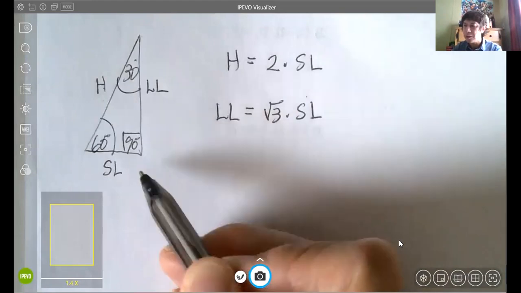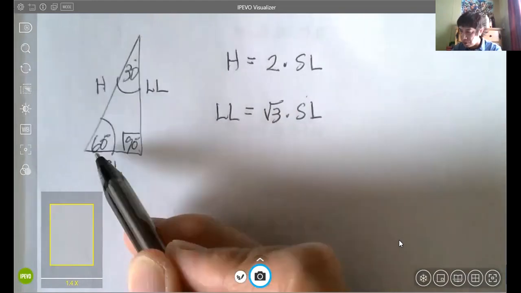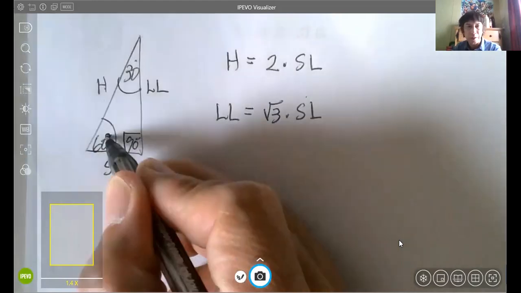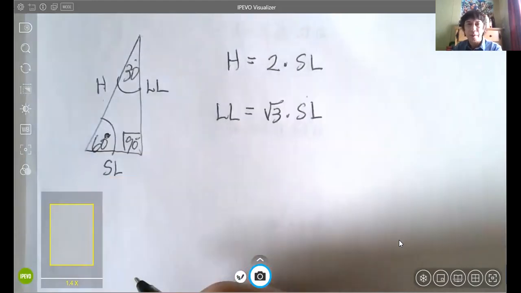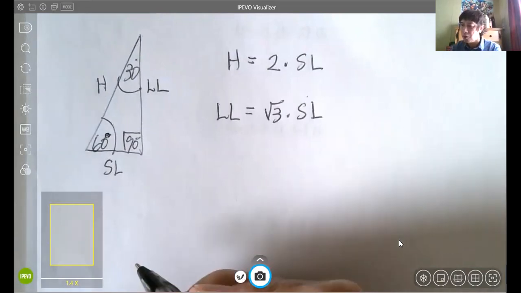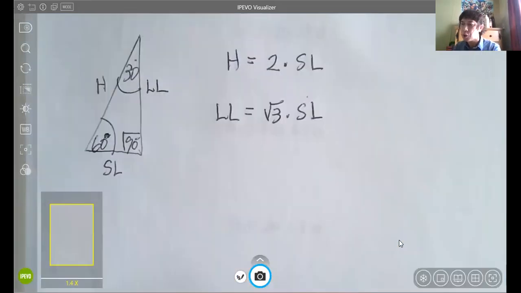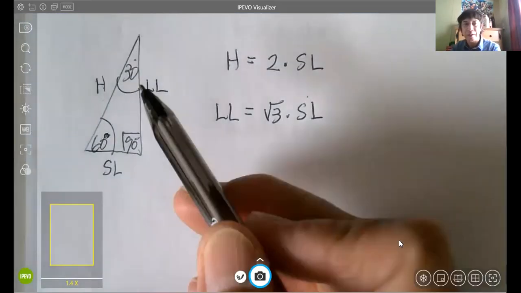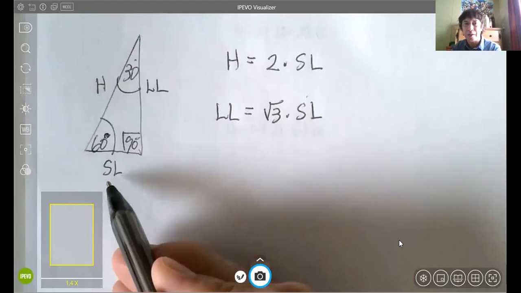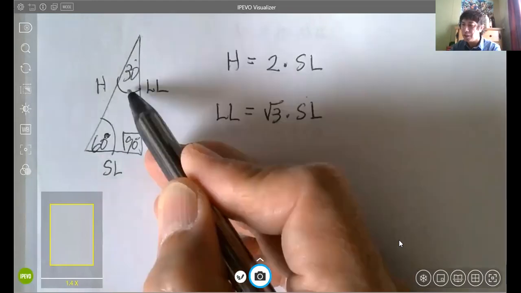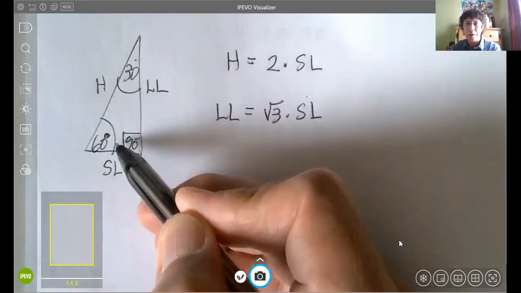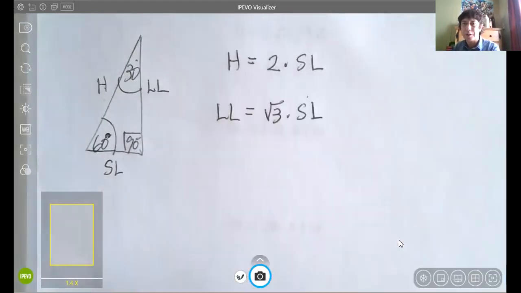The next size is the 60. This is 60 degrees. That's a 60-degree angle. And that is opposite the longer leg. So this is the longer leg, this one. And then, of course, the shorter leg, the SL, is opposite the smallest angle there. It's the 30. And it's opposite that particular shorter leg.